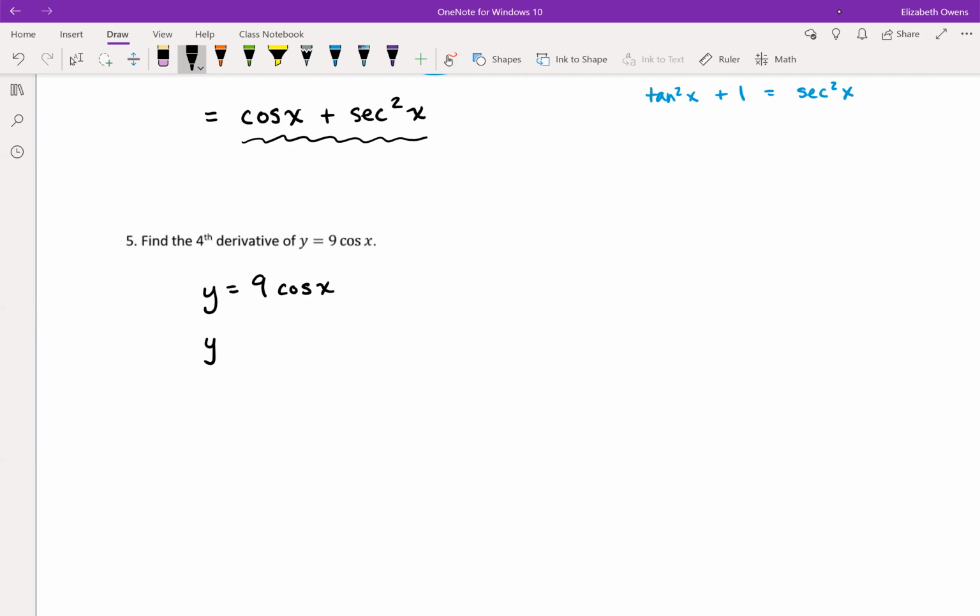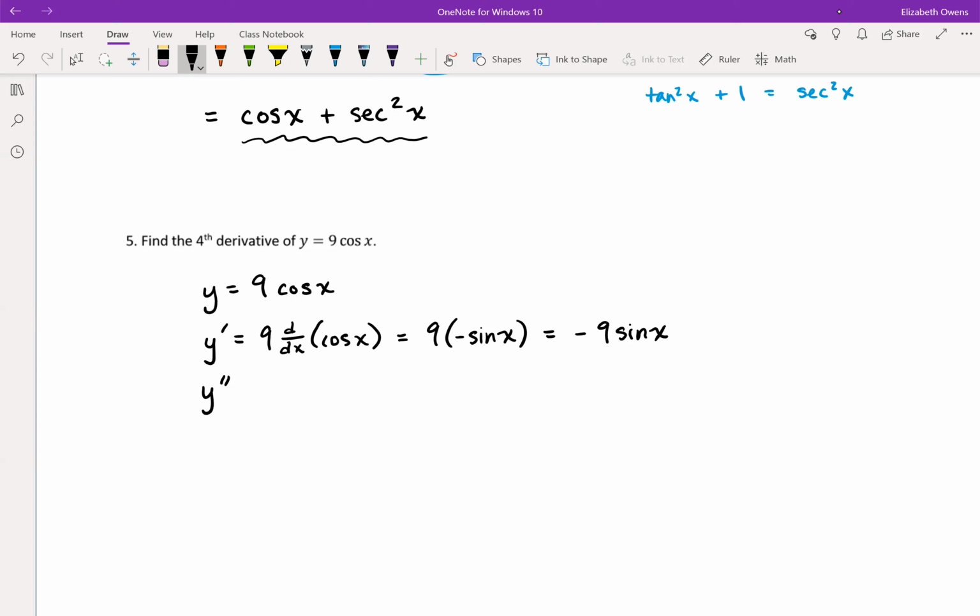Let's start taking derivatives. Our first derivative, y prime, would be 9 times the derivative of cosine x, which would be 9 times negative sine x. So negative 9 sine x for the first derivative.